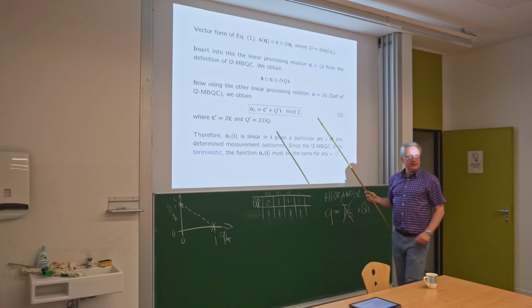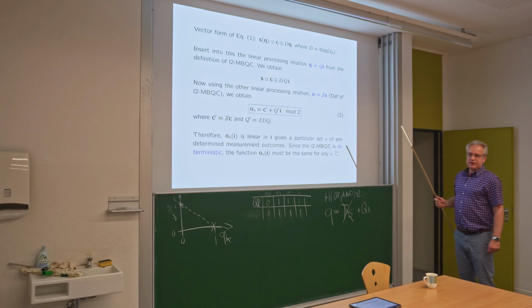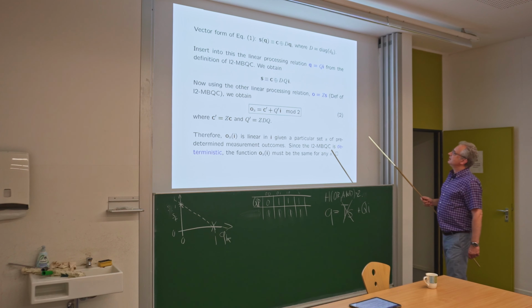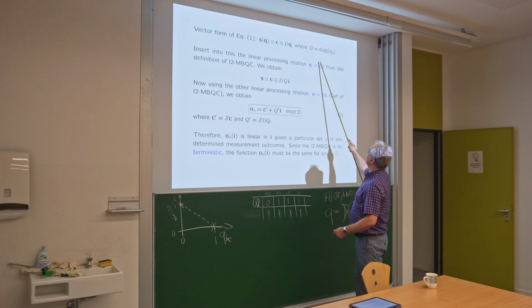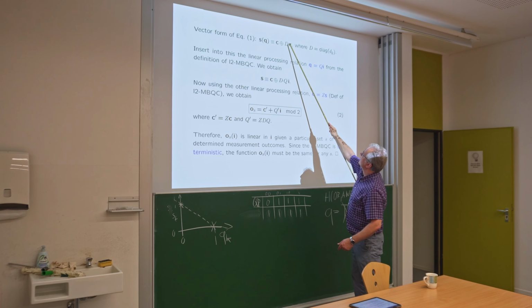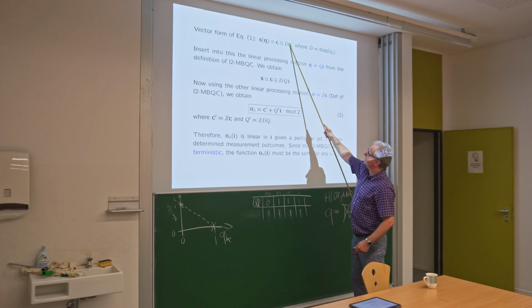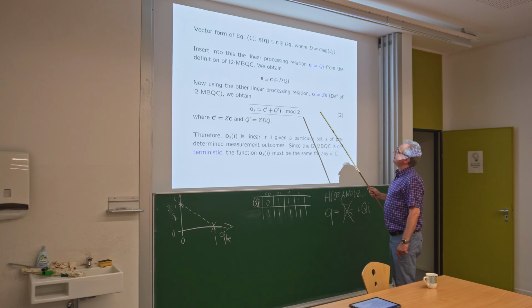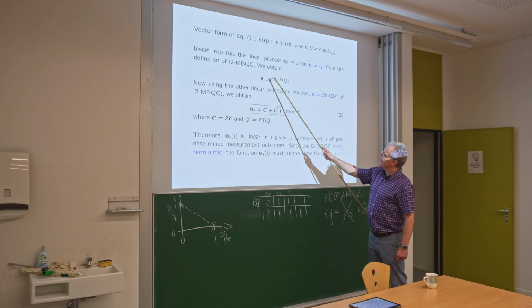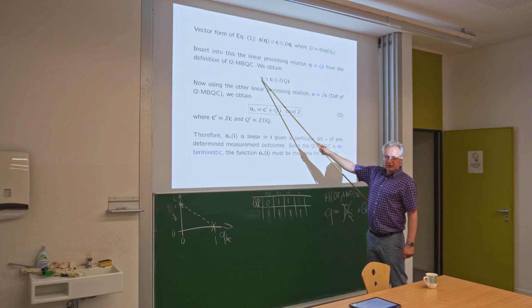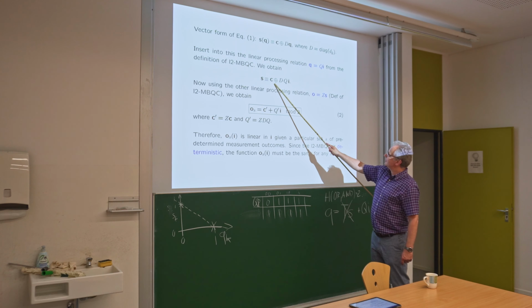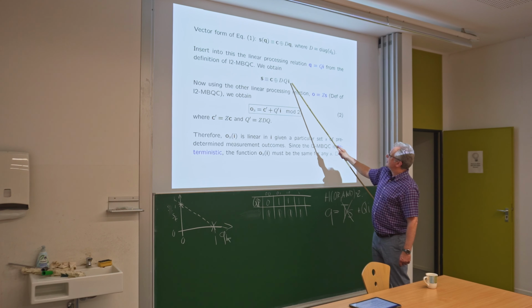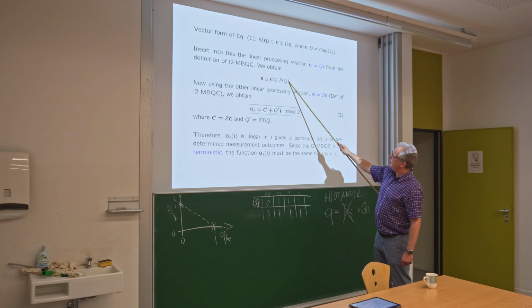So at this point, we have all our equations together. We just need to combine them properly. So we take this thing, Q is expressed like so, and we plug this in over here. So then we are getting this result. So the measurement outcomes that occur are now some constant vector plus something linear in the input.